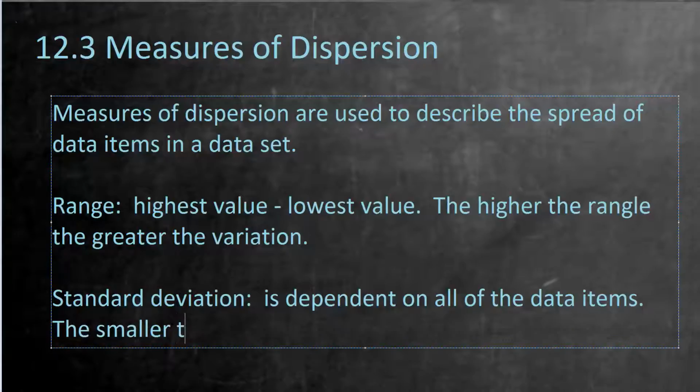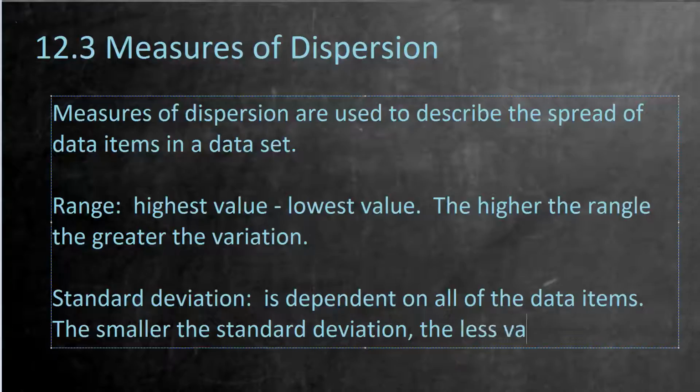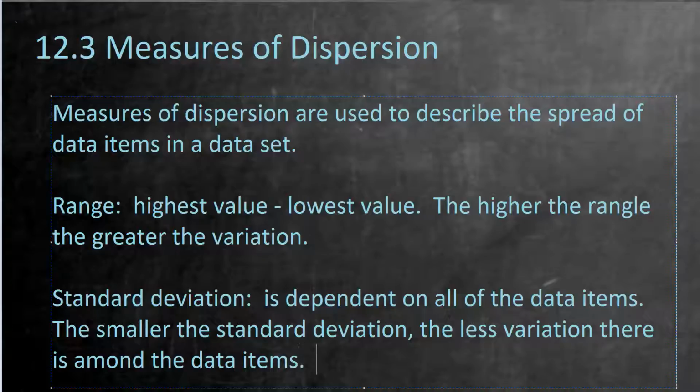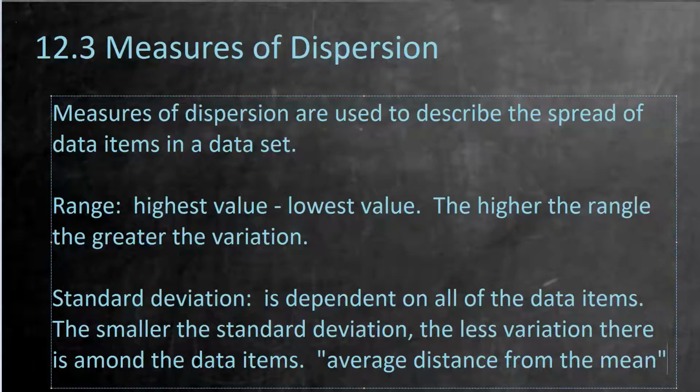The smaller the standard deviation, the less variation there is among the data items. And we call this average distance from the mean. And we know what a mean is, so that's what we're going to be doing today.